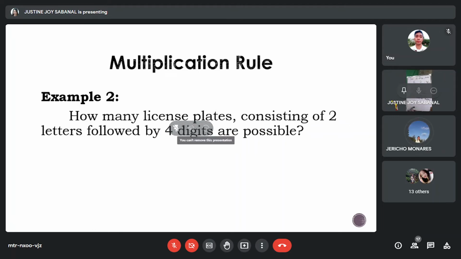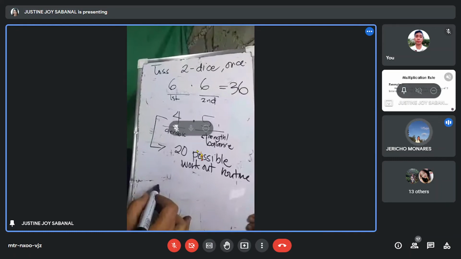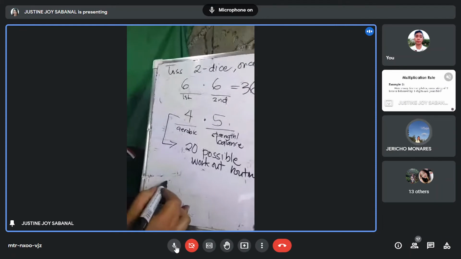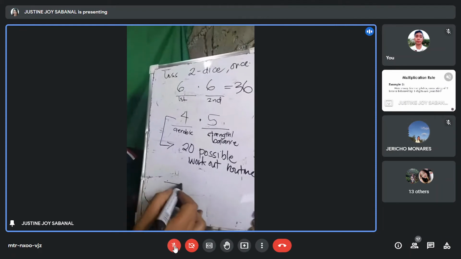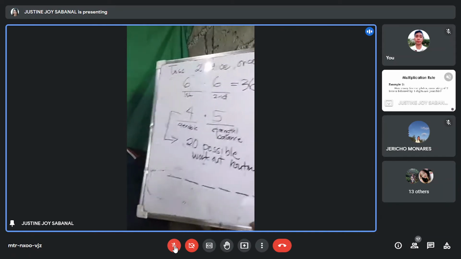Kasi yung license plate daw, it consists of 2 letters and 4 digits. So, ilang elements yung kino-consider natin in totality? 6. Correct po, Jerry. 6. So, 2 letters, 4 na numbers.